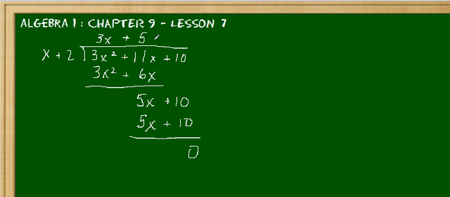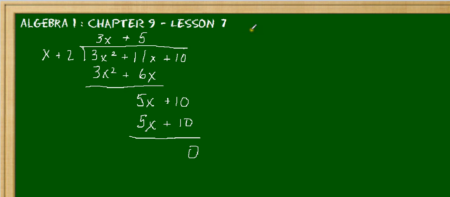If we look at example number 1, we have here: divide x cubed plus 2x squared minus 8x plus 35 by x plus 5. Now that's even much more complicated, but we can see here that they simply did the same thing. They divided x cubed by x.